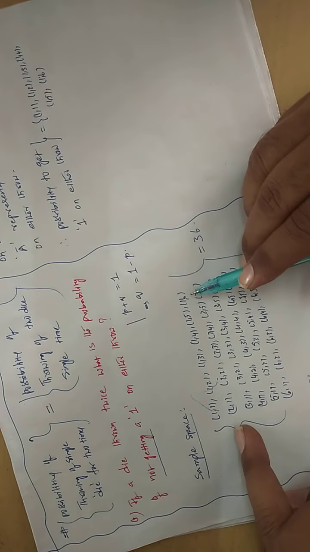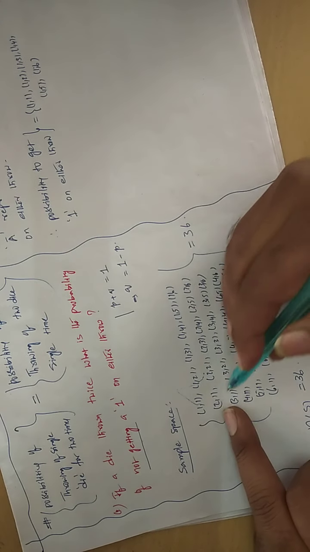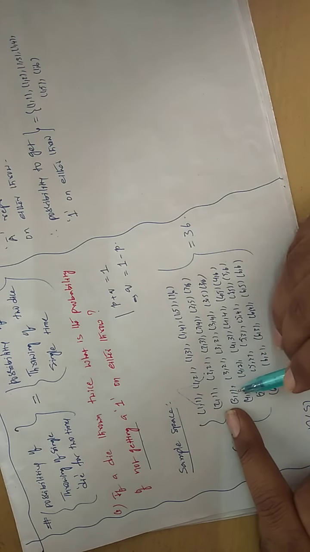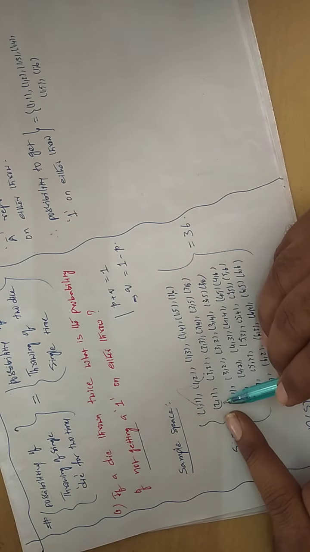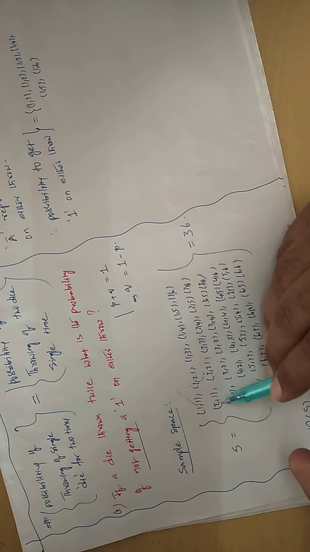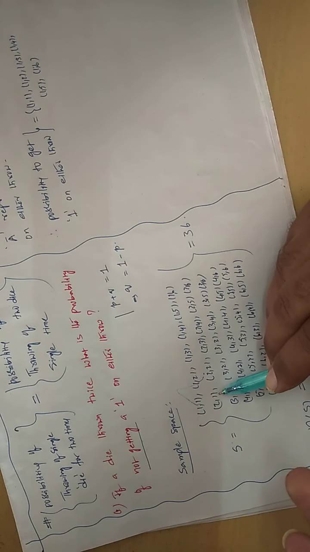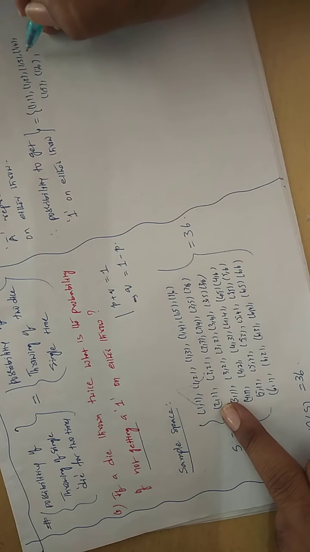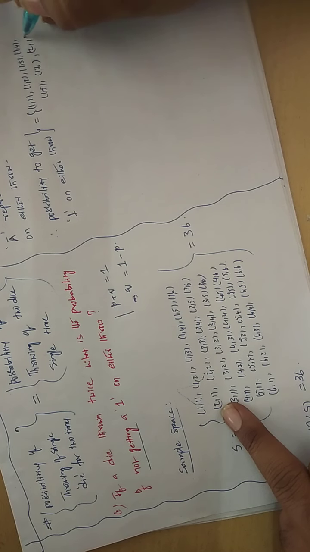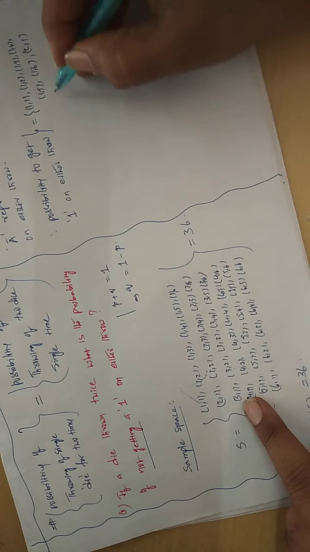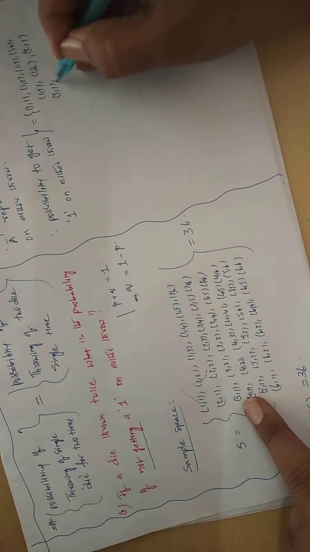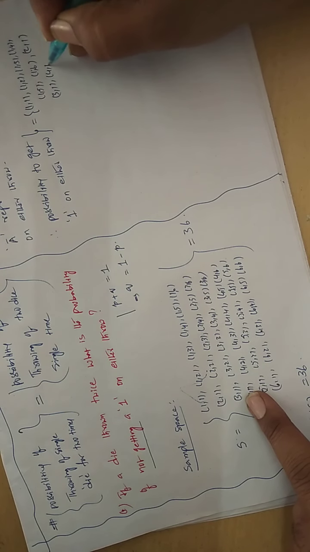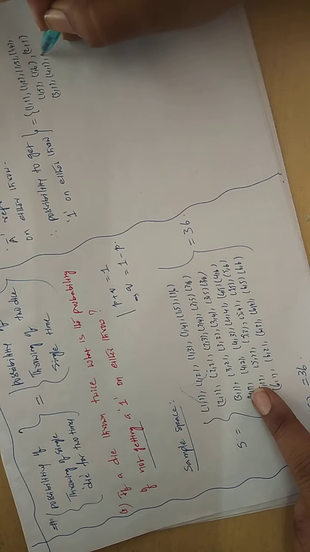All 6 options. Not only that, but if you compare this column, the second option is 1. So these are also going to be considered, because when you roll the die, the first time you got 2, but the second time when you rolled you got 1. That means it satisfies our condition. So these options are also going to be considered. So what do you get here? 2, 1. Like 3, 1. 4, 1. 5, 1.